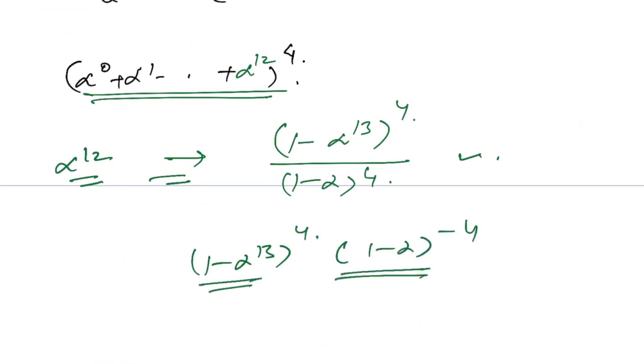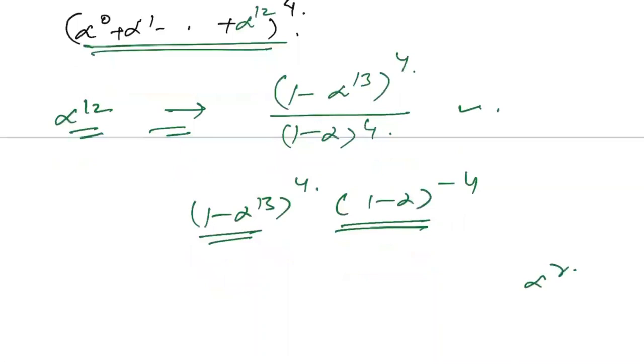But for 1 minus alpha to the power minus 4, if you remember, we have already solved this type of question, right? The expansion of 1 minus alpha to the power minus 4 is the sum of alpha to the power r times (r plus n minus 1)CR, or you can say n is 4 there, so (r plus 4 minus 1)CR. Here r goes from 0 to infinity.